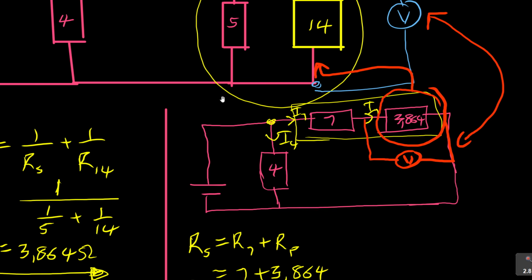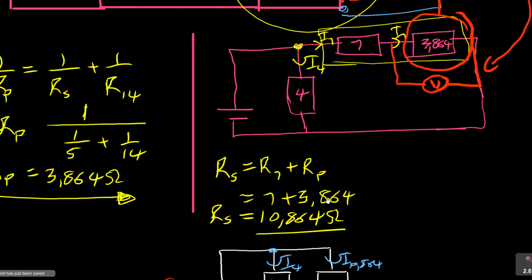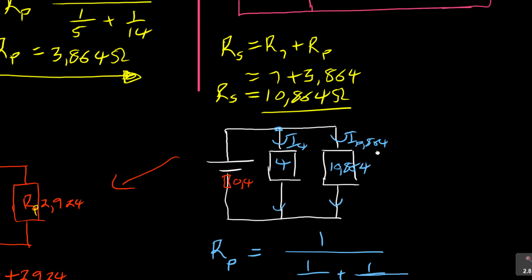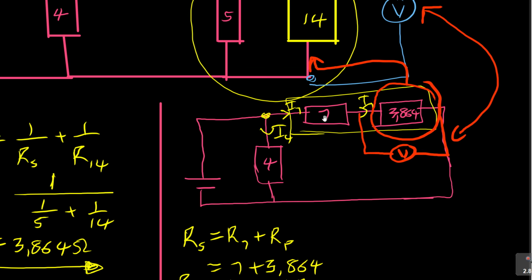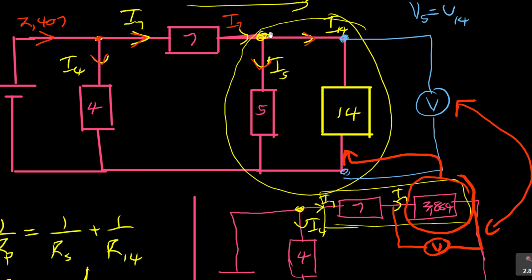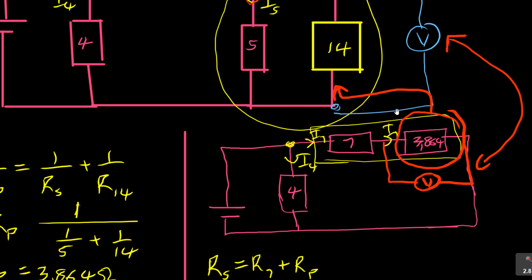Now, you can also continue. You see these ones, we added what? We added the 7 and we added the 3.84. But we say the current entering I7 is the same current entering this parallel part. Remember, it entered I7, entered into I5 and I14, but when it combined as 3.84 it is still I7.